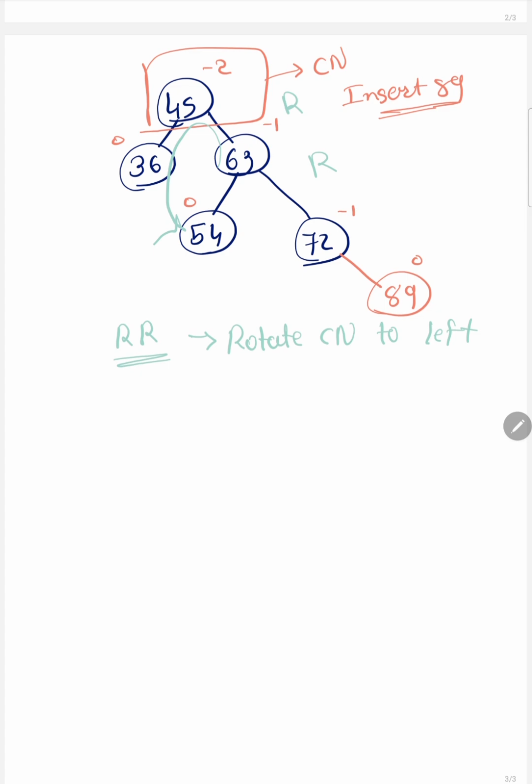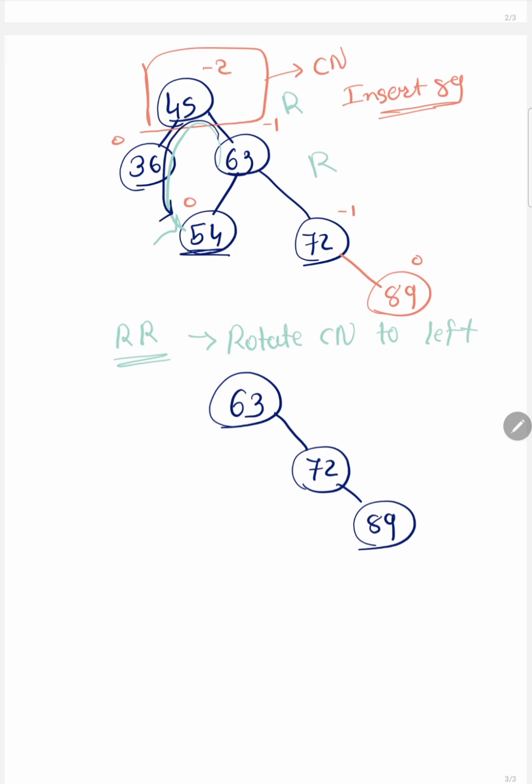So now this 63 will become the root node. The right side of 63 will remain as it is, no change in that. Now on the left side, previously this 54 was the left child of 63, but as I rotate this 45, in other words, if I pull up, this will automatically come down.